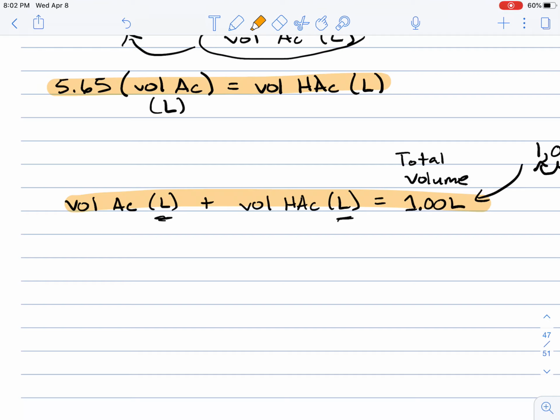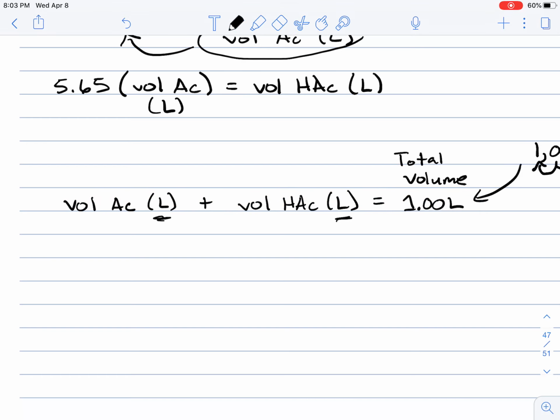I'm going to use both of these equations to help me cancel out one of the variables, or substitute one variable into another. So this term right here, this volume of HAc, is found right here.